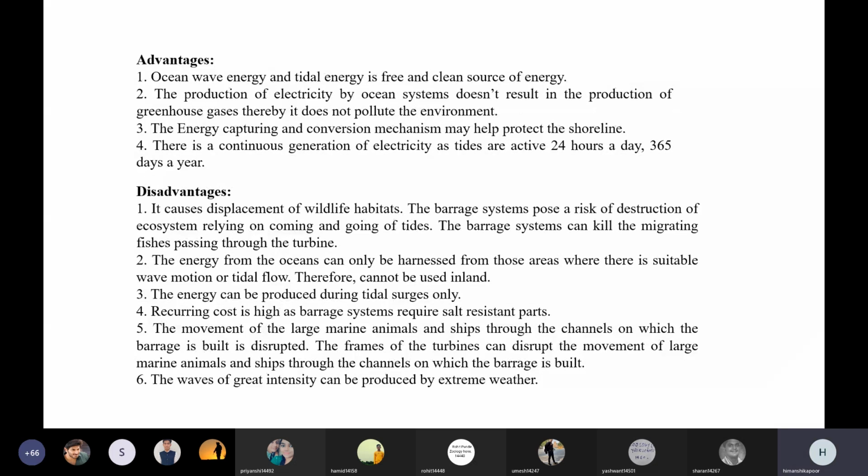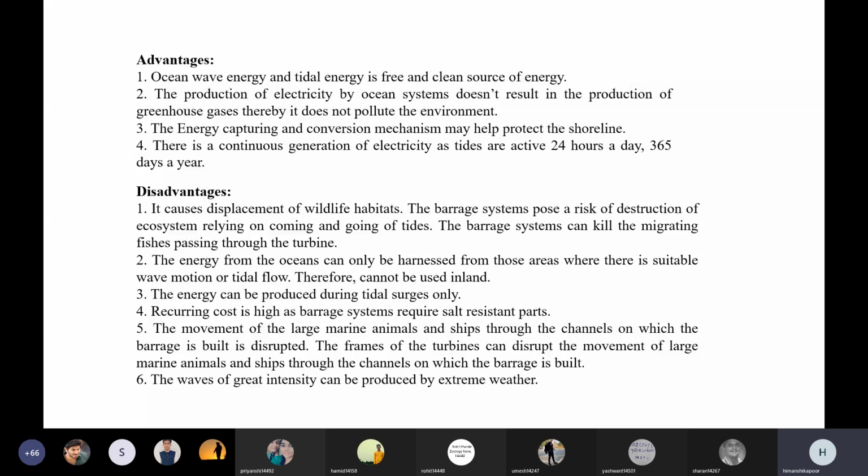So what are the advantages of ocean energy? Again, it is a very clean source of energy, and it is not contributing to environmental pollution. It is also not generating much of greenhouse gases. Another advantage would be that there is a continuous generation of electricity when we are using the tidal energy, as these are mostly active, so you can say 24 hours a day or 365 days a year.